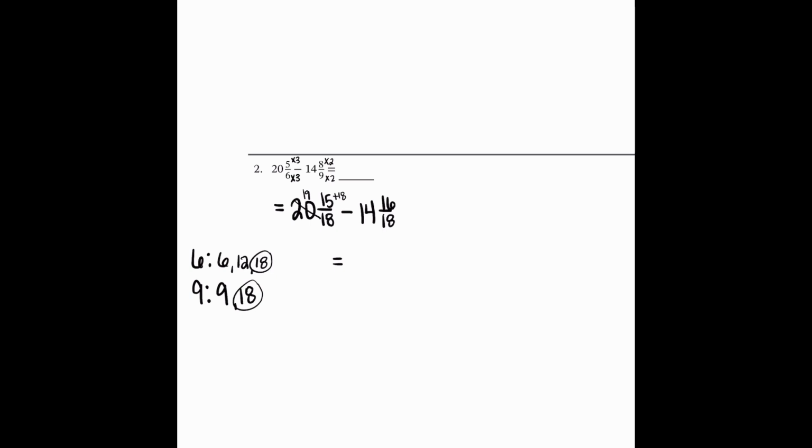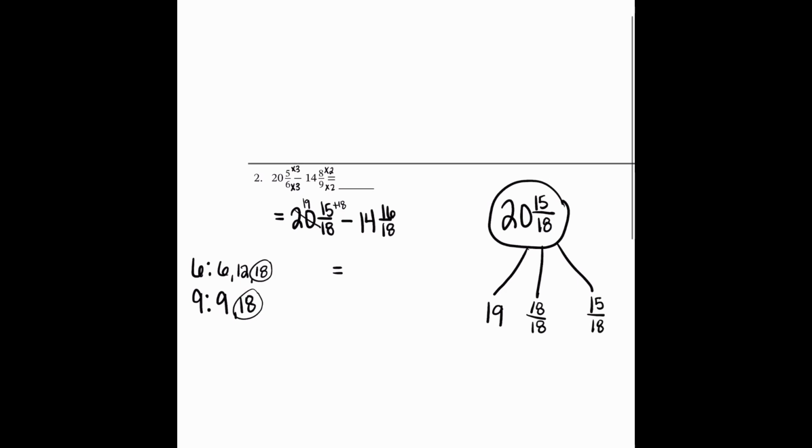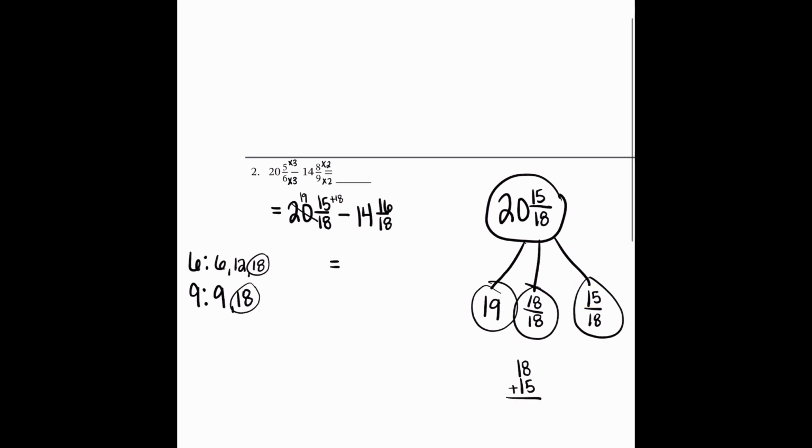So that would be just like me taking that 20 15/18 and decomposing that into 19, 18/18 and 15/18. So this would be just like me taking this 18 and this 15 and adding them together.